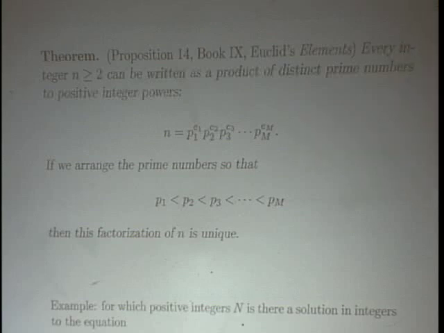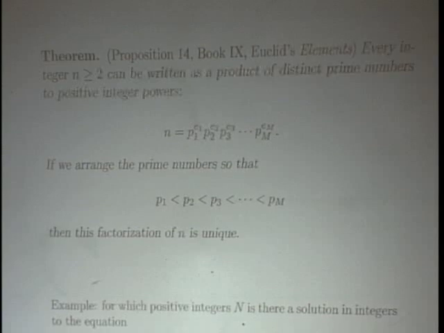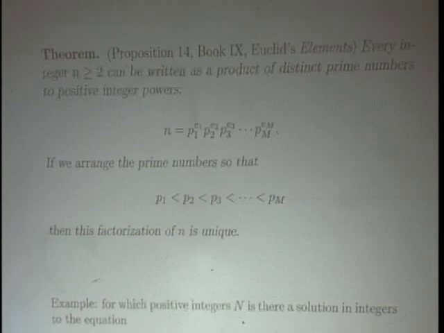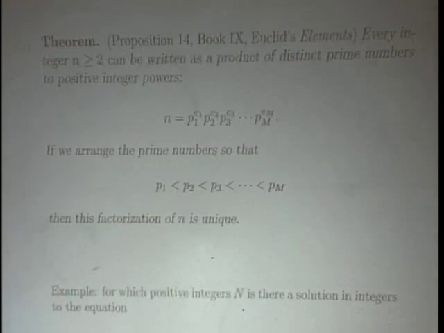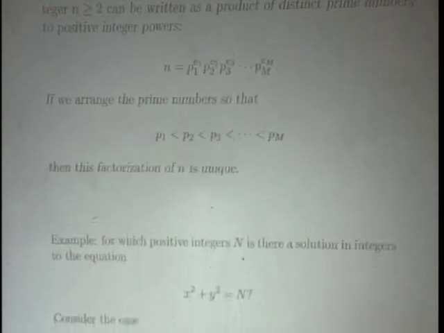And to make sure that this is unique and the only way to do it, so to speak, you would arrange the primes in increasing order. So let p1 be the smallest of the primes that occur in the factorization of n, and p2 the second smallest, and so forth. And then if you enforce that restriction on the factorization, you find that it's unique. That's going to come up later on in a crucial way.